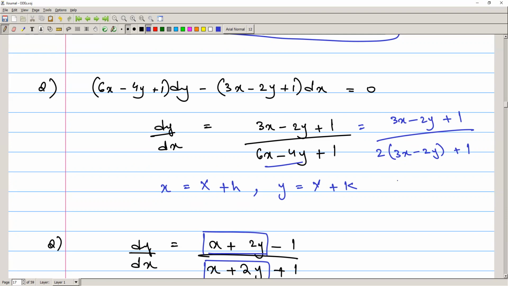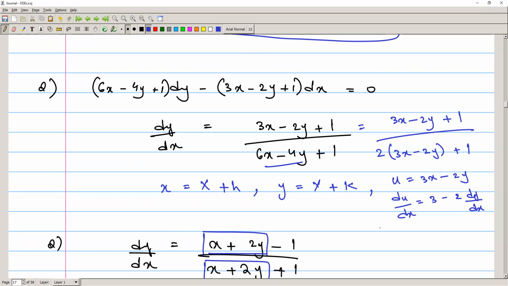We can assume that u is equals to 3x minus 2y, which implies that du over dx is simply equals to 3 minus 2 dy over dx, right?